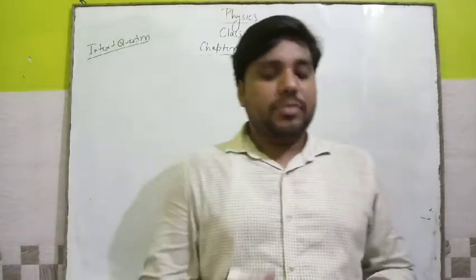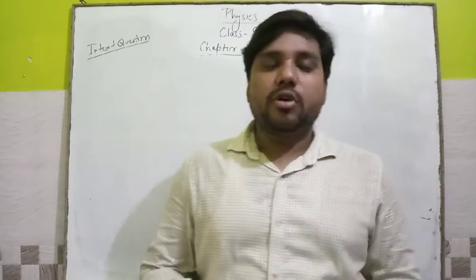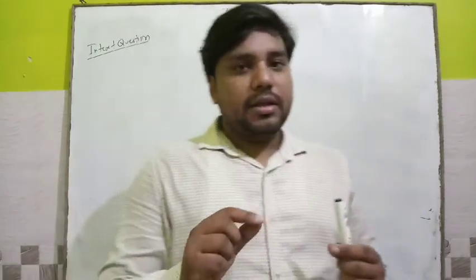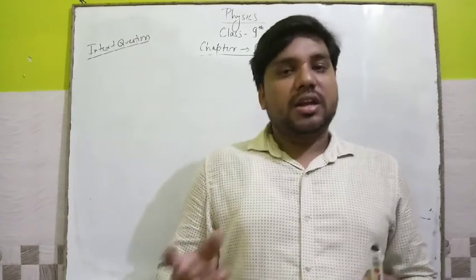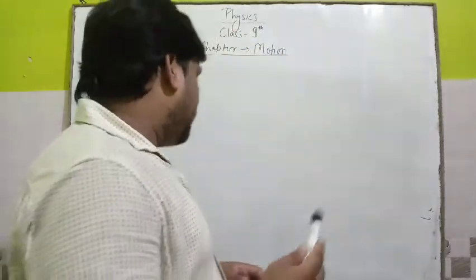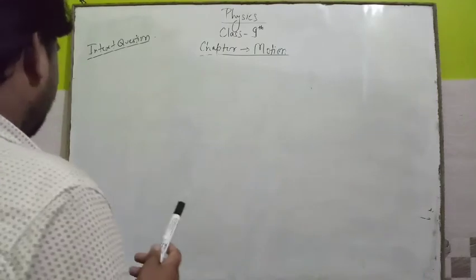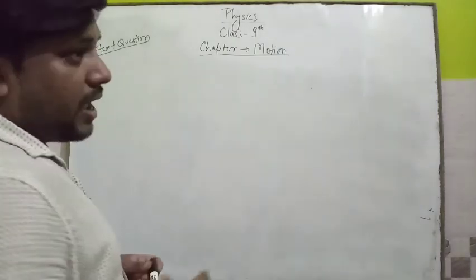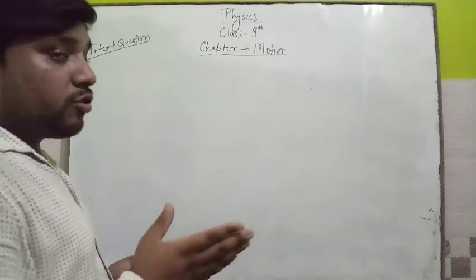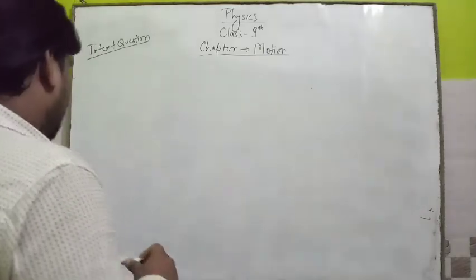Means this question says that there is some object, it covers some distance. Then it asks, can it have zero displacement? Can it have zero displacement if it travels some distance?